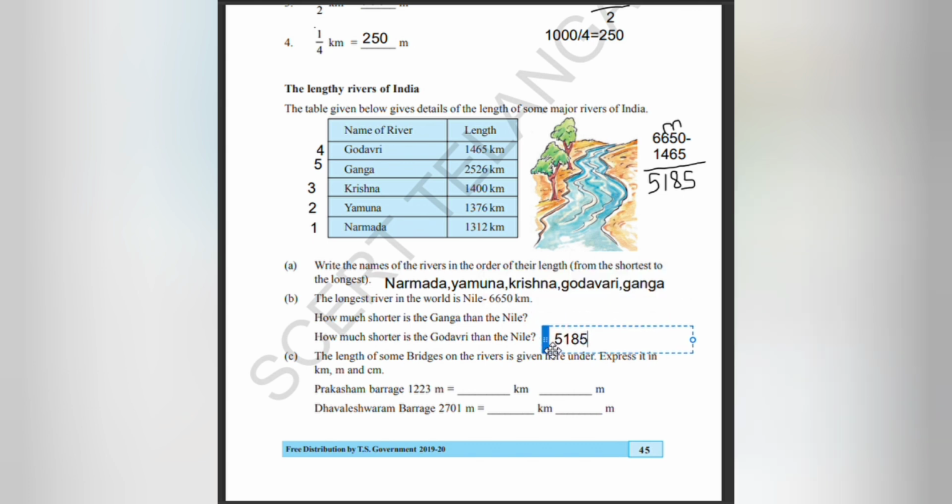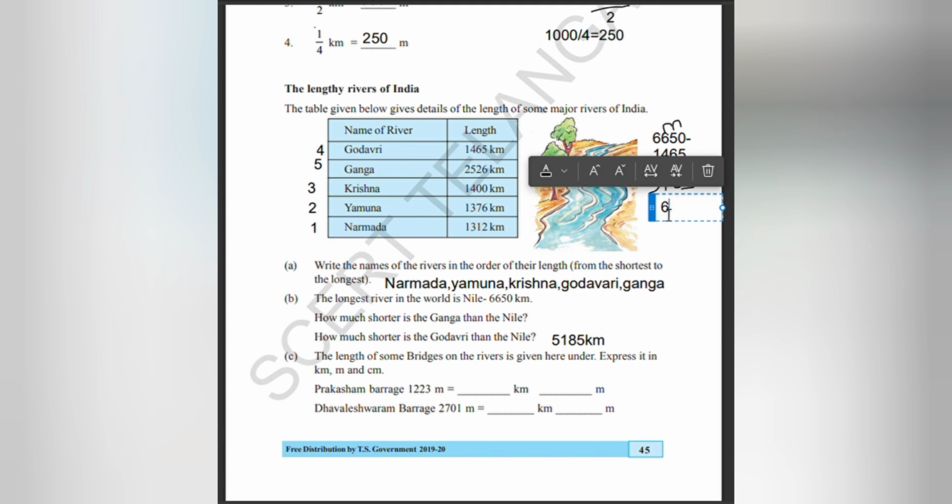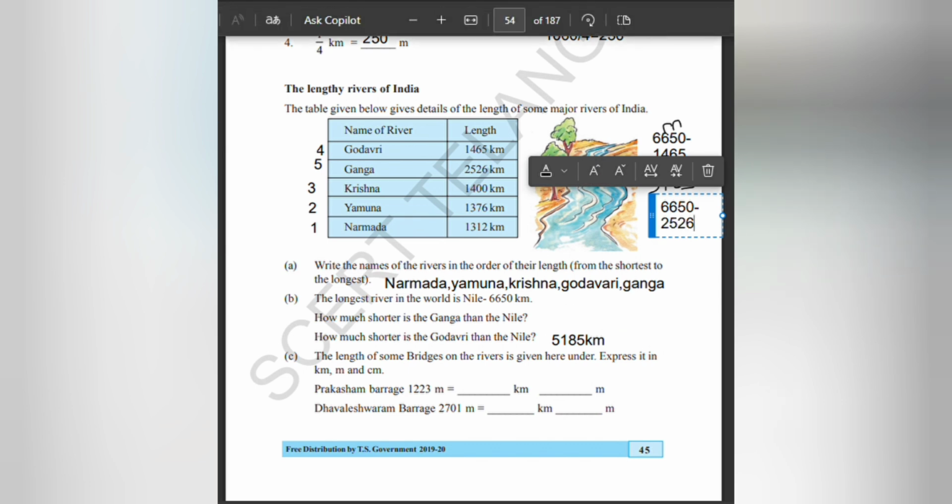We haven't written Ganga, it is Godavari. Then what we have to find now is the first question, how much shorter is Ganga than the Nile? So the length of the Nile is 6650 minus, how much is that of Ganga? 2526. Okay, then subtracting.